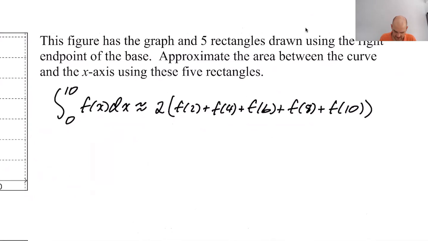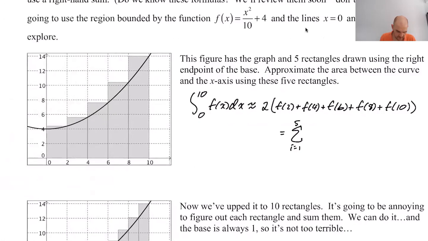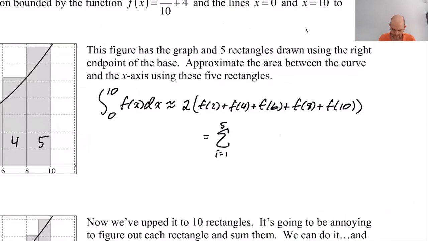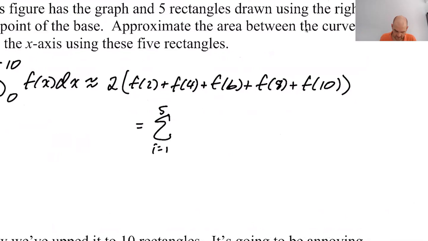I would say that this is the sum from i equals 1 up to 5. So we're going from the first rectangle to the 5th rectangle. The base is always 2. And then the height is f of... how can we say this?